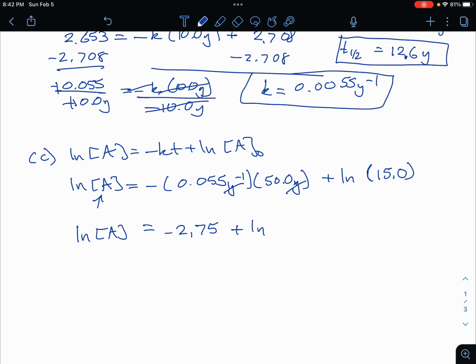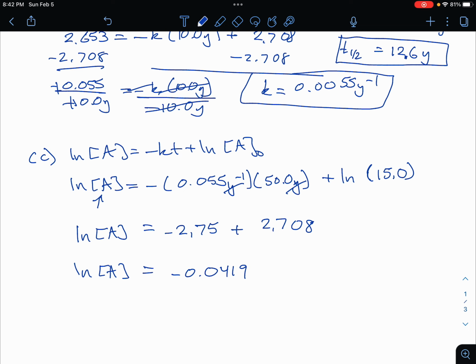Plus ln of 15, which is 2.708. So we're going to do that plus negative 2.75, which comes out to be negative 0.0419.